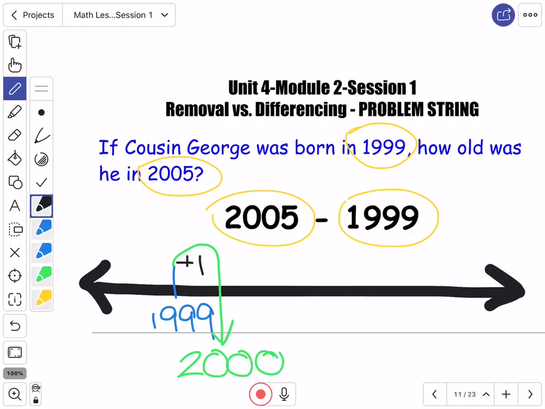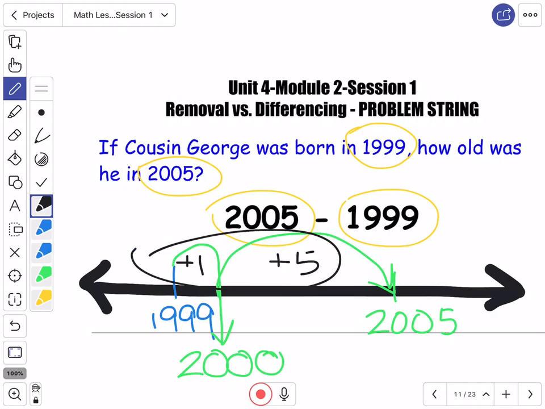But from 2000 to 2005, I know that is an easier number to work with, so I now have jumped 5 spaces, right? So altogether, I have gone 6, because 1 plus 5 equals 6.